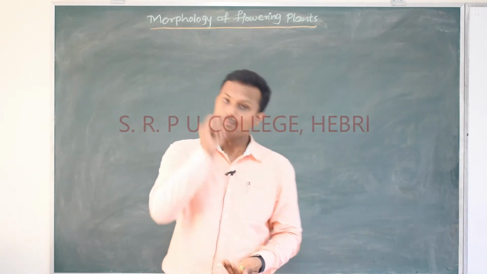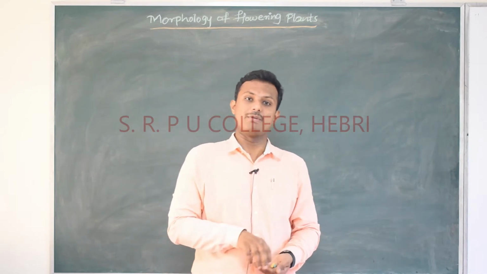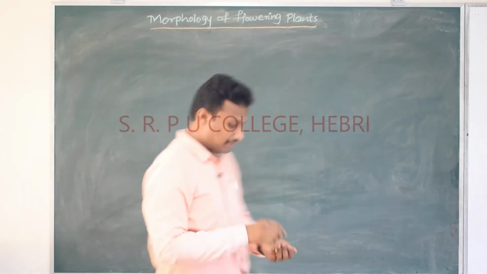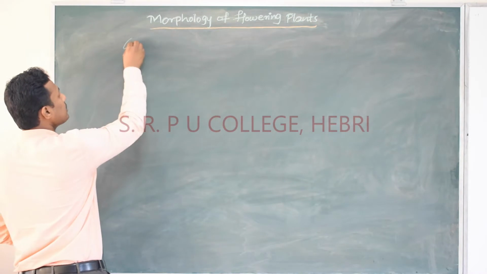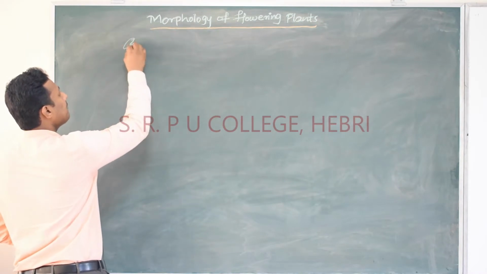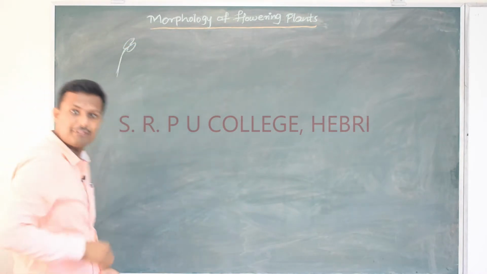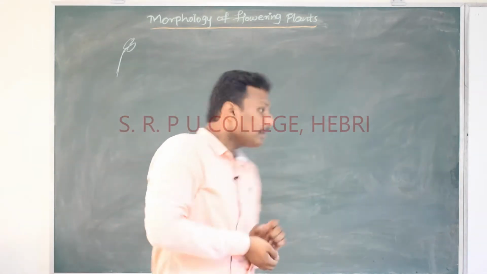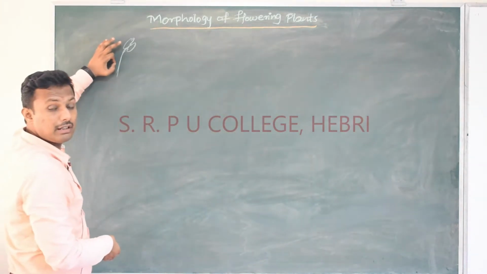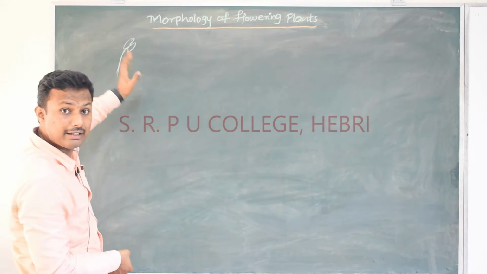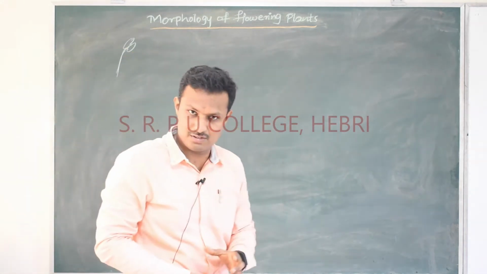And one more thing I should tell you about the stamens: the length of the filament. See, you know what is a filament, right? So the length of the filament may vary in the same flower. That means different filament lengths will be there in the same flower in some species.